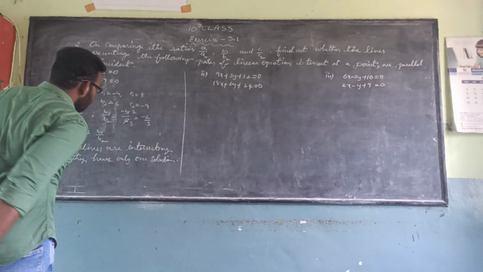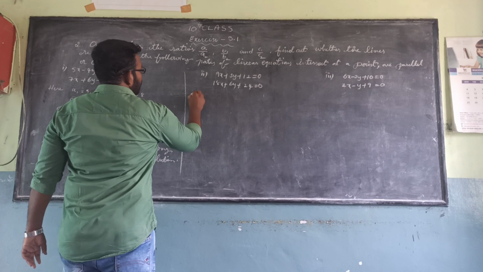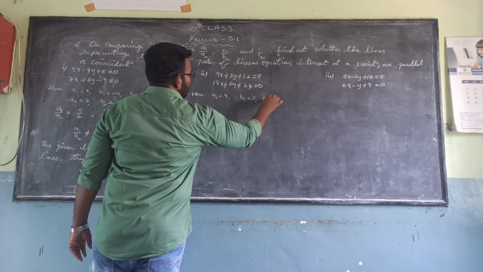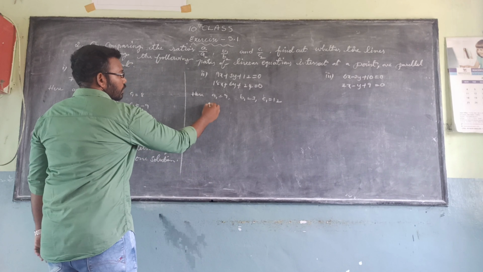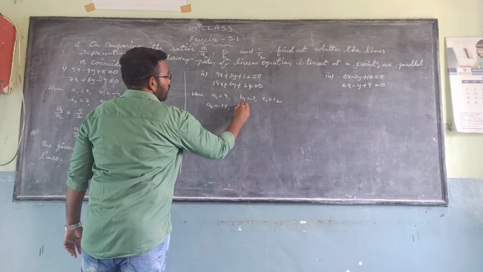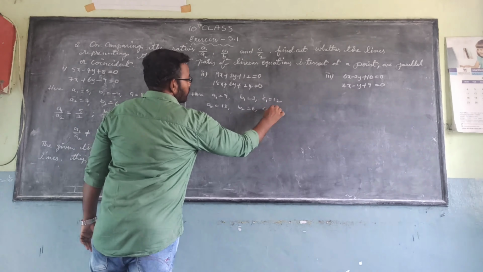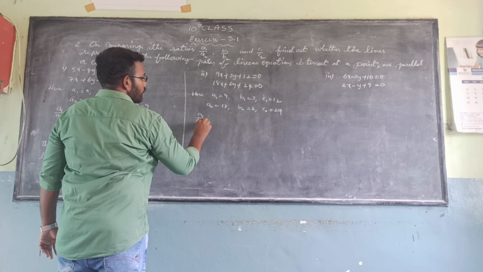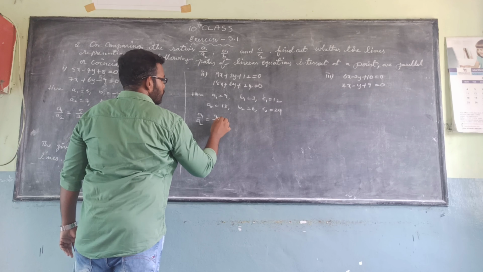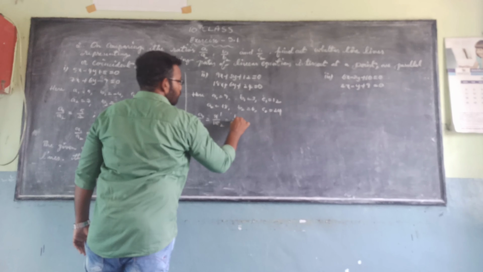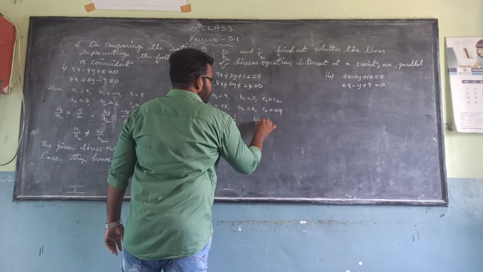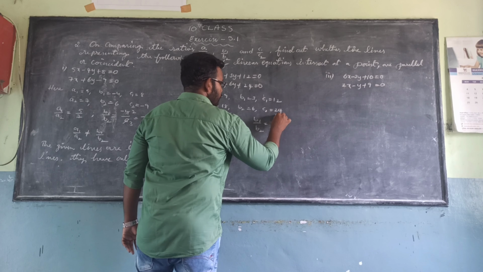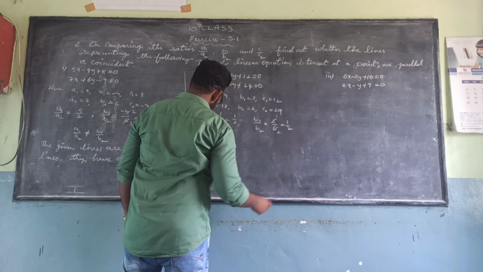So similarly, here also a1 is equal to 9, b1 is equal to 3, c1 is equal to 12, and a2 is equal to 18, b2 is equal to 6, and c2 is equal to 24. a1 by a2 is equal to 9 by 18, 9 1s are 9, 9 2s are 18, you get 1 by 2, and b1 by b2 is equal to 3 by 6, that is equal to 1 by 2. Very good.